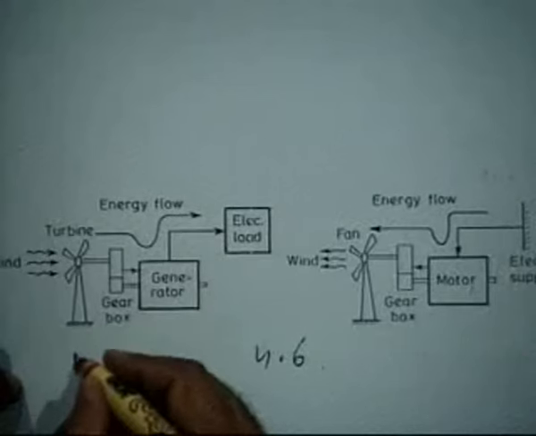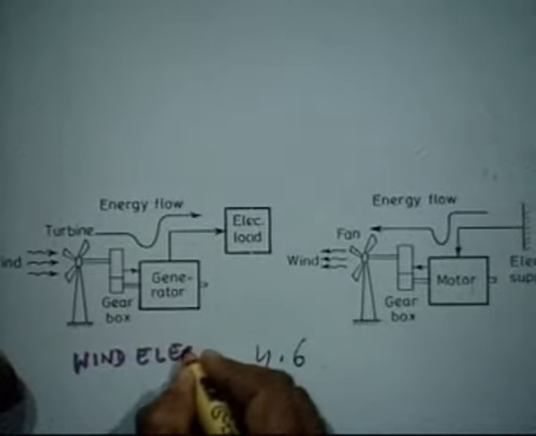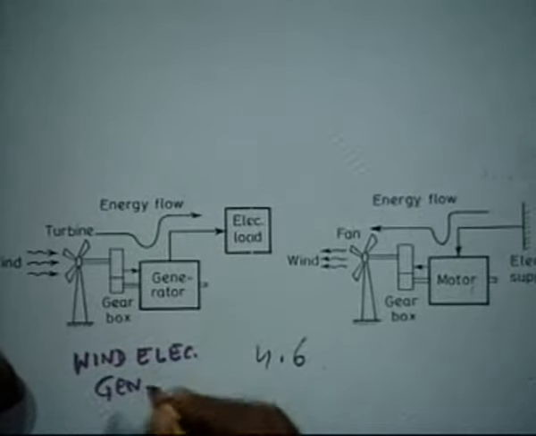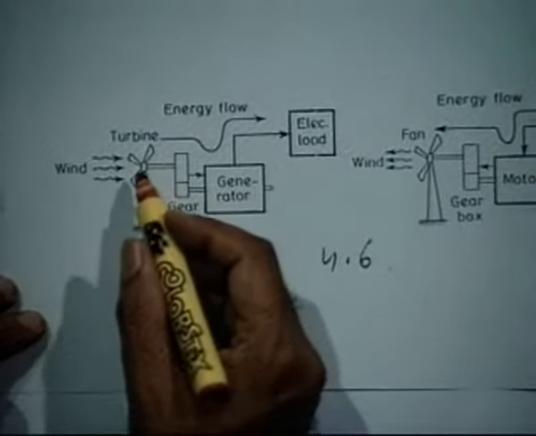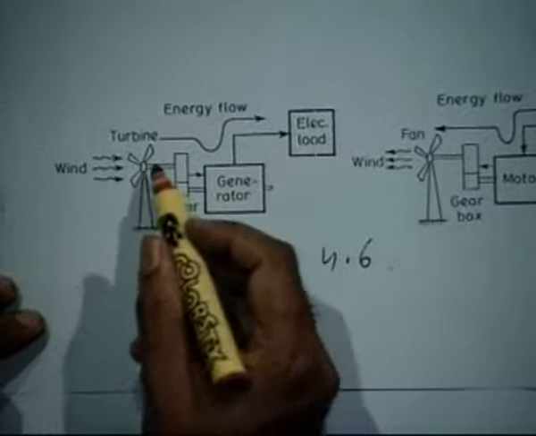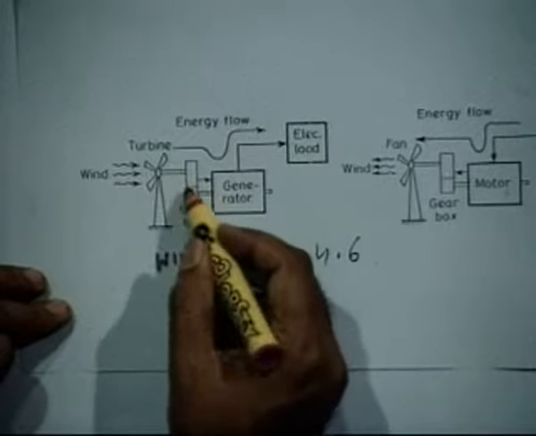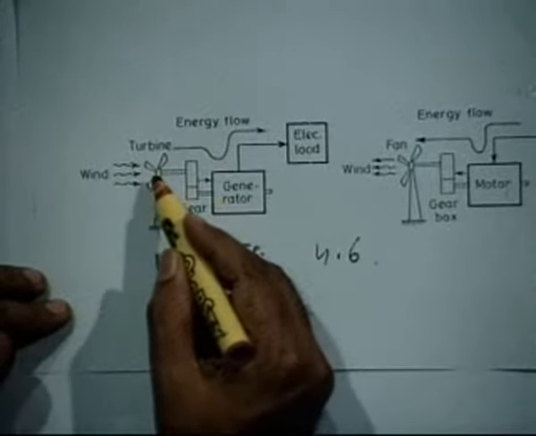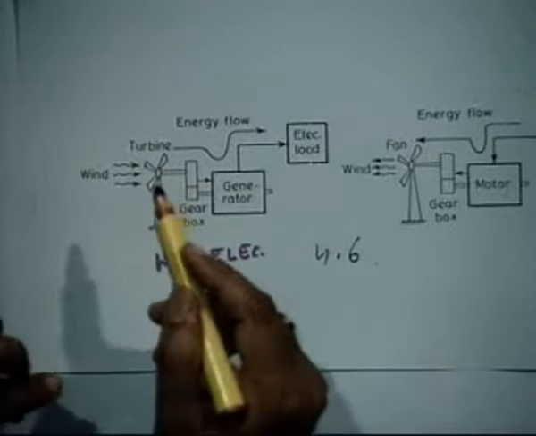This is the simple logic. Now we can take an example of a wind electric generator. The wind is blowing and there is a turbine being rotated by the wind, and generally there will be a gearbox because turbines are low speed. Typically wind generators built today range from maybe 10 kilowatt to a maximum of 1 megawatt.